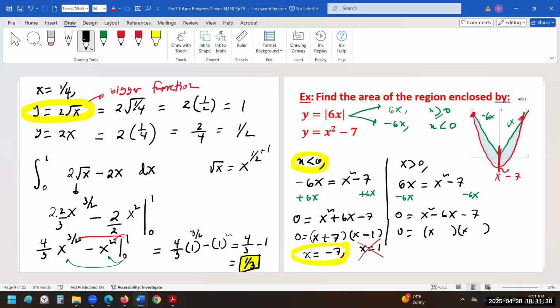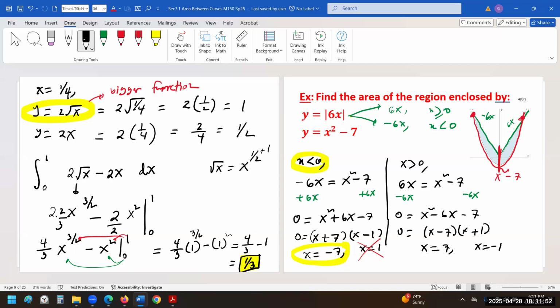Similarly, for the right side, which two numbers multiply to negative 7 and also combine to negative 6? Negative 7 and positive 1. So this gives us x equals 7 and x equals negative 1.